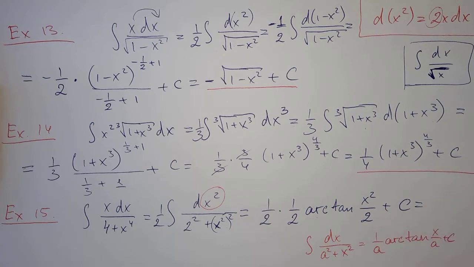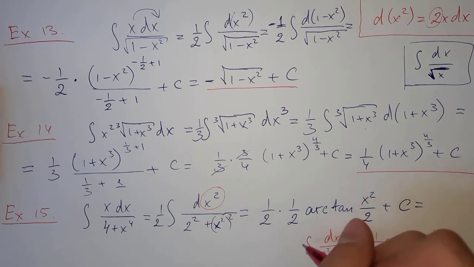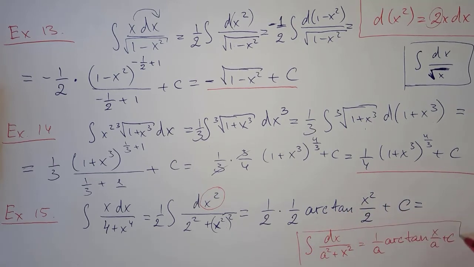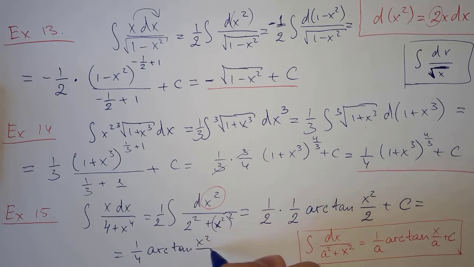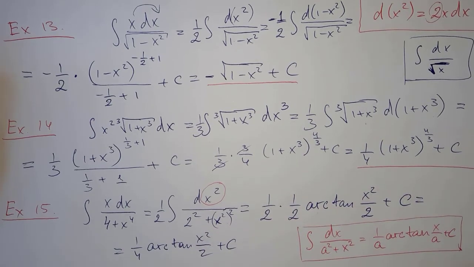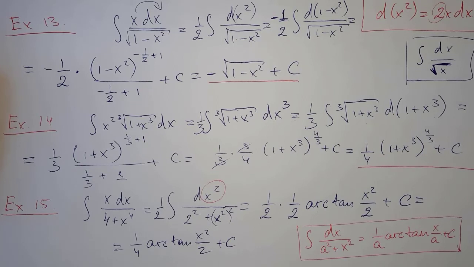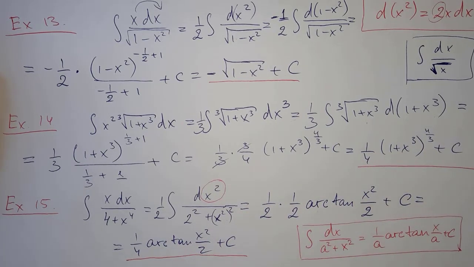If we simplify it, it will be just 1 over 4 arctangent of x squared over 2 plus c. This is the final answer.